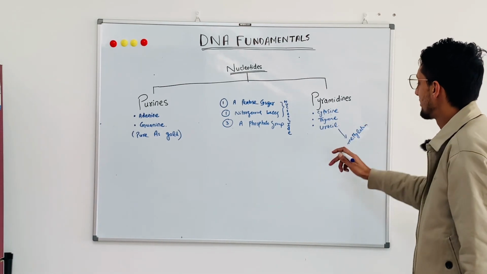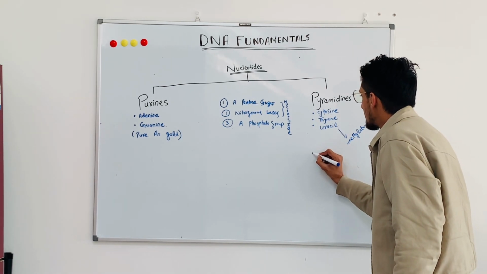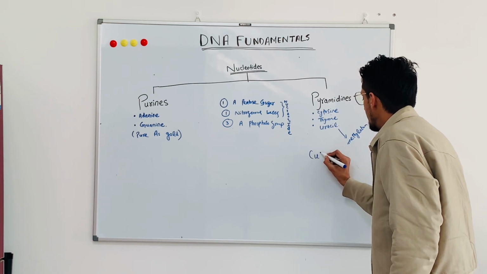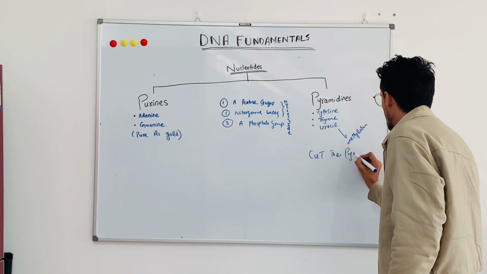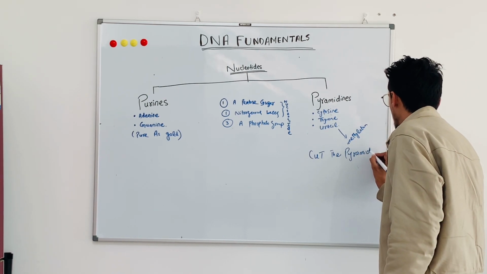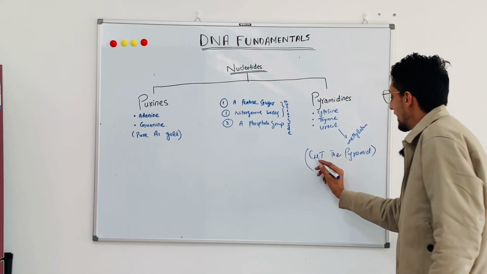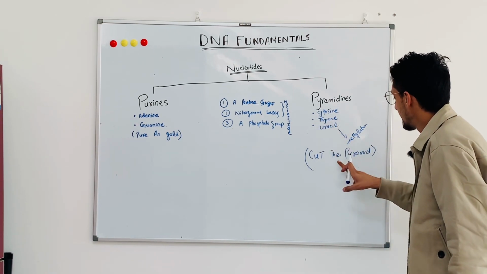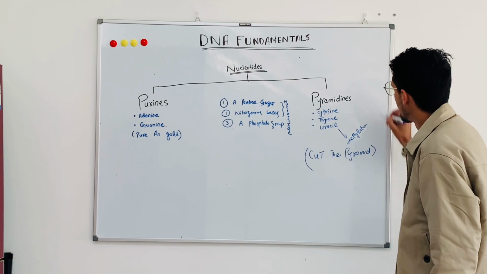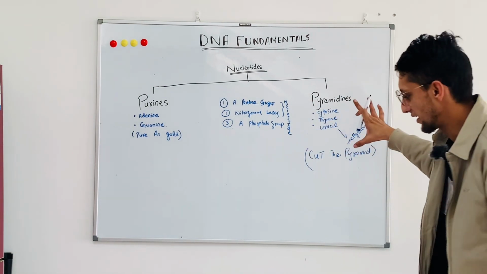You can memorize it by a mnemonic: cut the pyramid, C-U-T, cut the pyramid, right? C is for cytosine, U is for uracil, T is for thymine, and the pyramid means pyrimidines. You can memorize it this way.